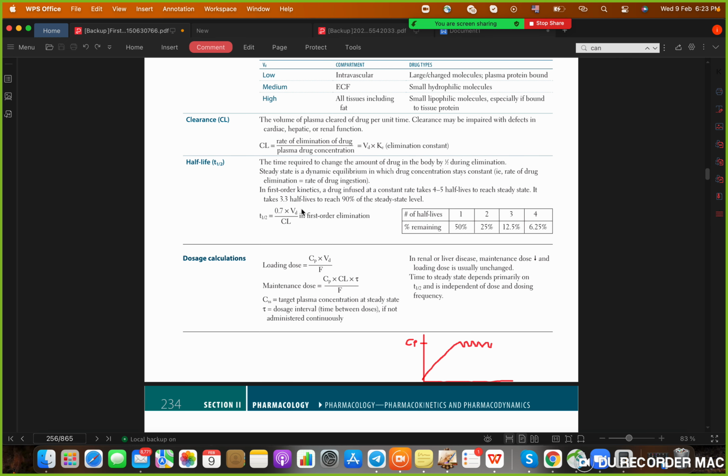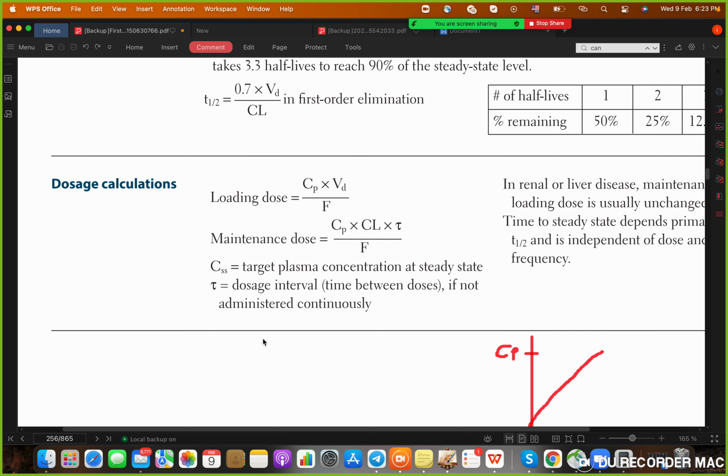But if we have a really high volume of distribution, it means that it can pass all of the barriers and it can even reach the brain. So remember, the best type of molecule that can go everywhere must be small and must be lipophilic.